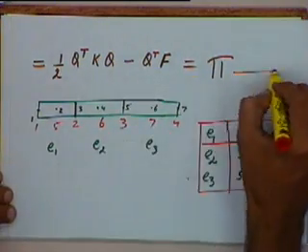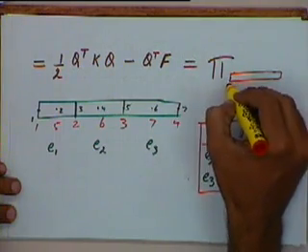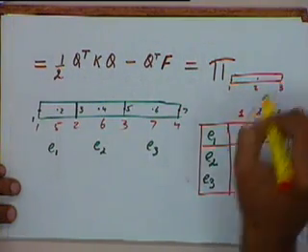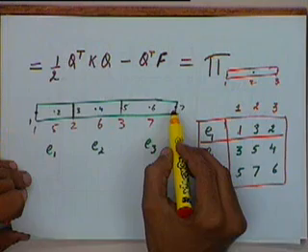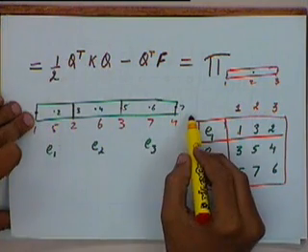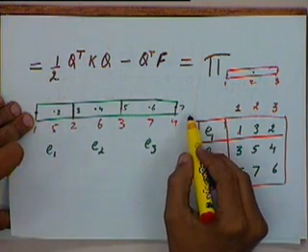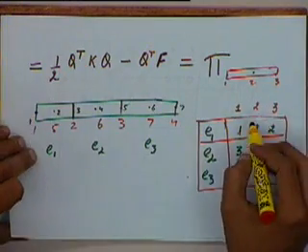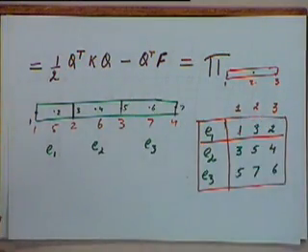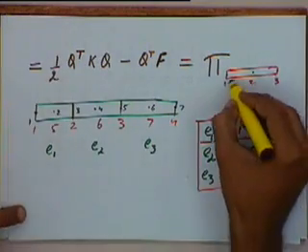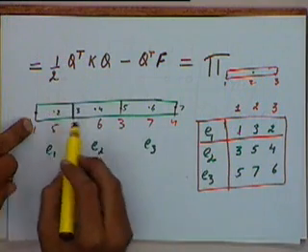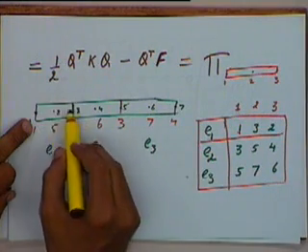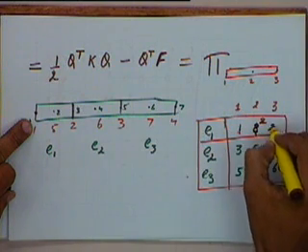That means if I had taken my local numbering like this, 1, 2 and 3, what is eventually more important is the global numbering. If I am doing the numbering like this, this is my local number 1, this is my local number 2, this is my local number 3.